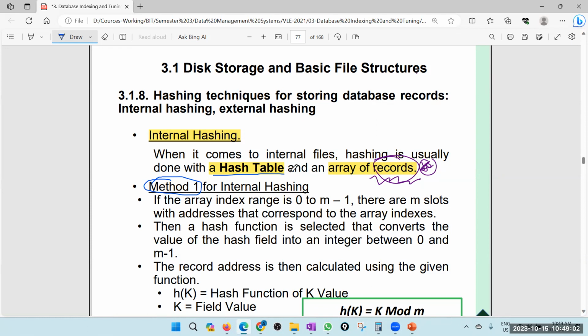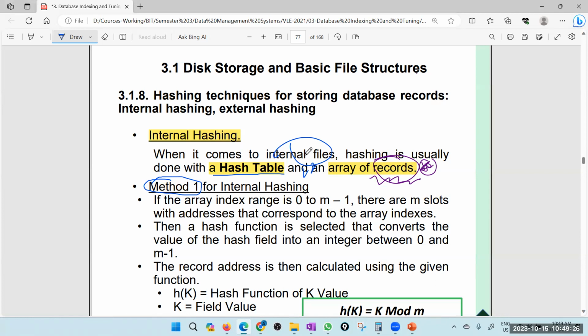So the hashing techniques we can subdivide into internal hashing and external hashing. Internal hashing means you keep it in an internal file, or sometimes you can keep it in memory.